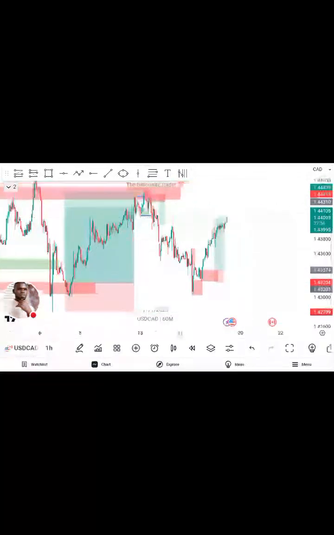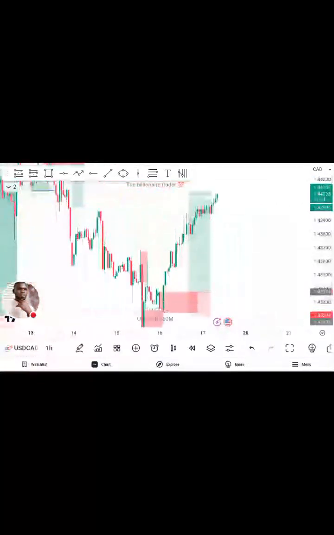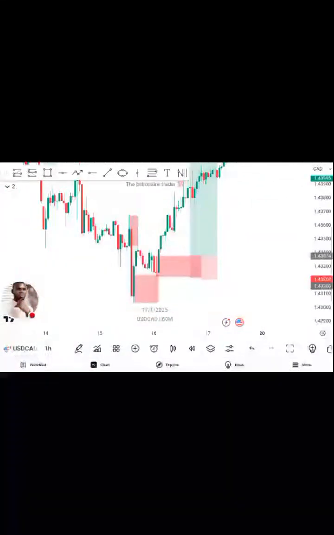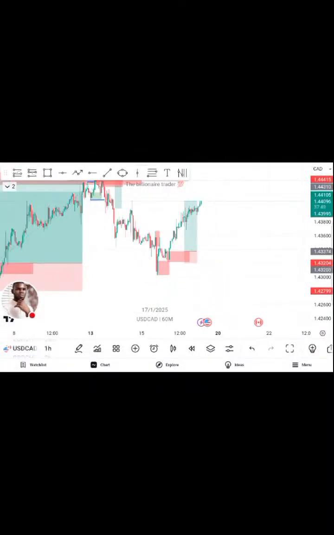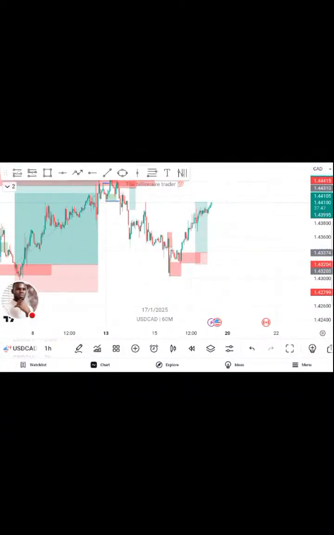Here is the chart. Supply turned demand, not mitigating the area, to continue the movement.